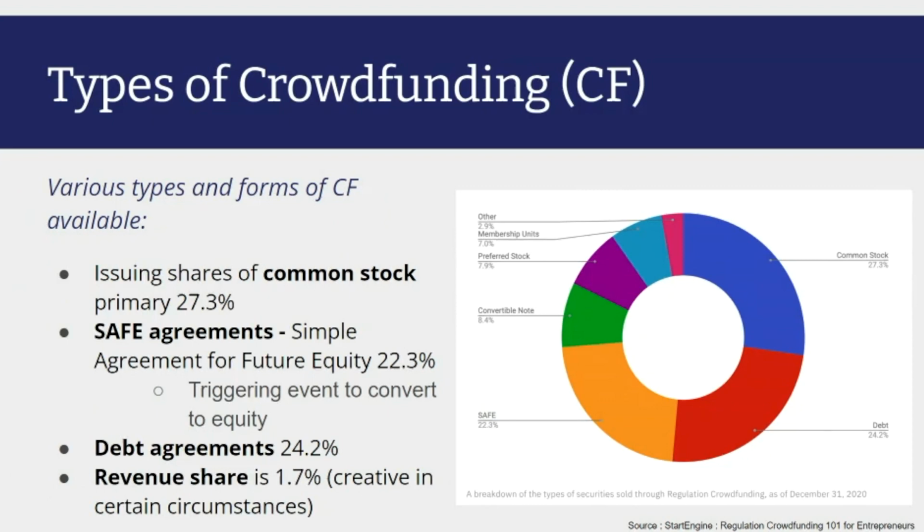Typically, the folks that have safe agreements would have a discount to that $5 million level. So that's where you pick up a little bit of a discount, and it allows the company to raise significant capital down the road without having to worry about what the value is when you put your safe agreement in place.